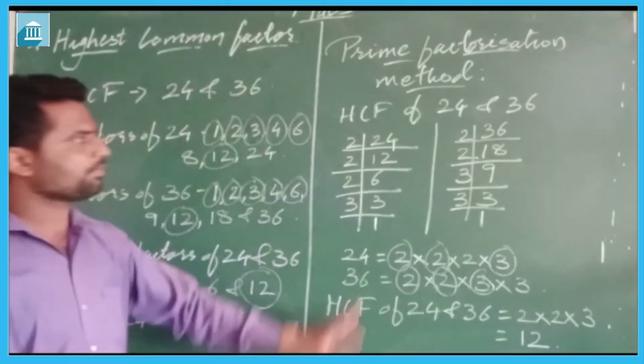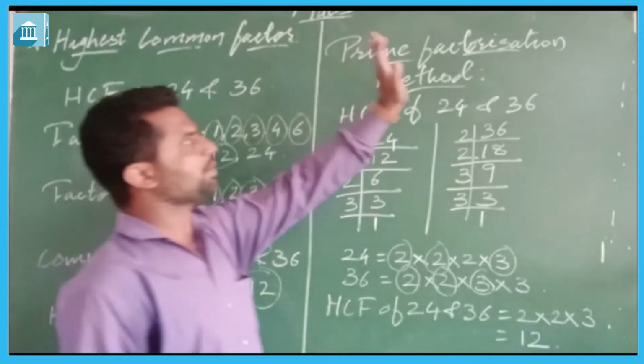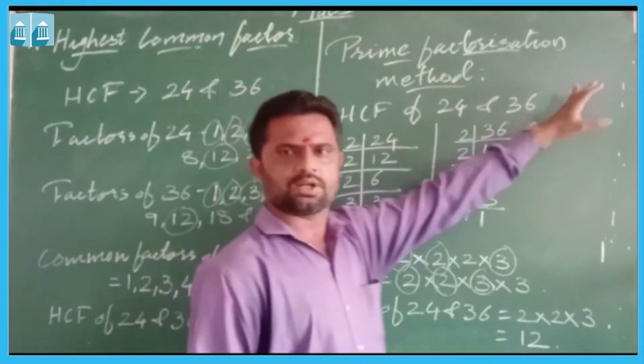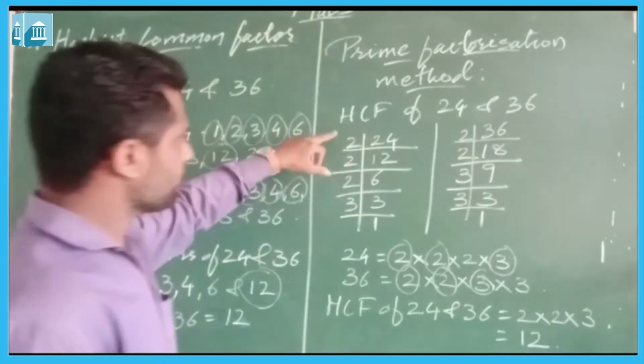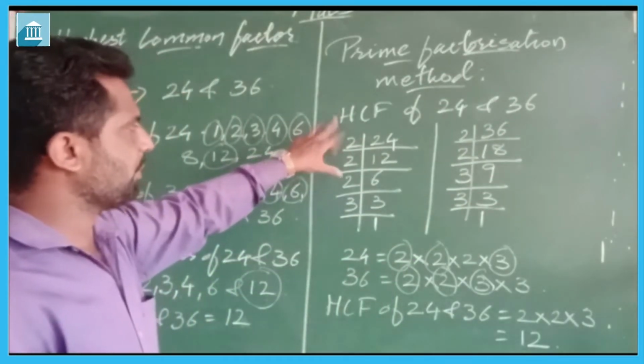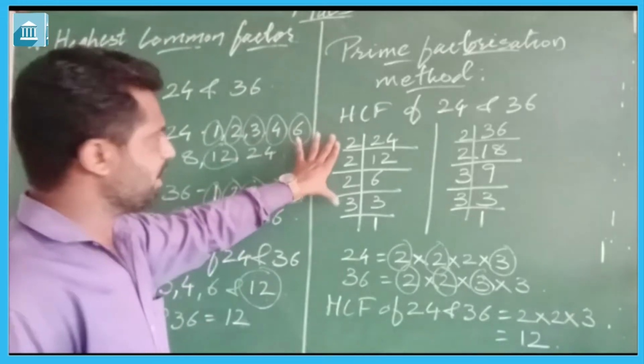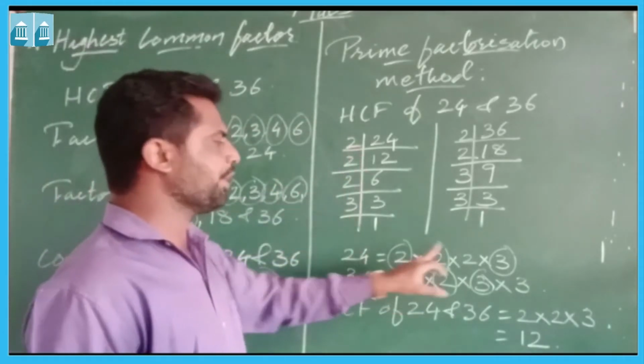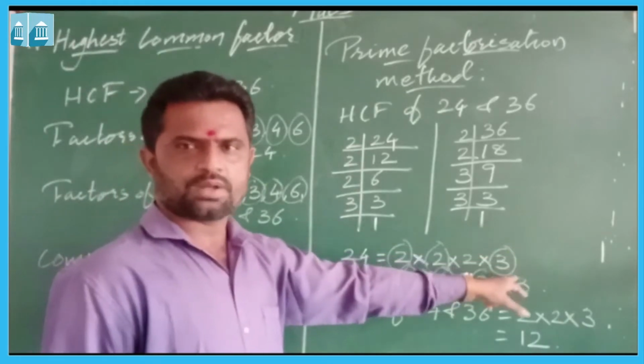12. Again I am explaining the prime factorization method. Suppose we need to find out the HCF of 24 and 36. First we will do the prime factorization of 24. It will be 2 into 2 into 2 into 3.